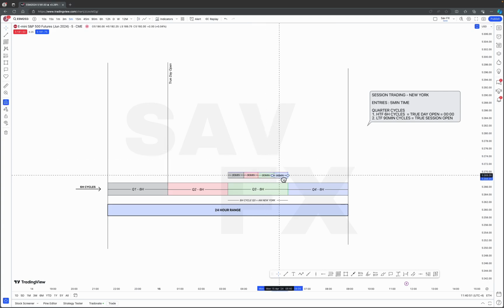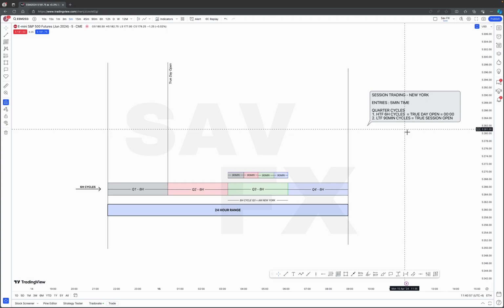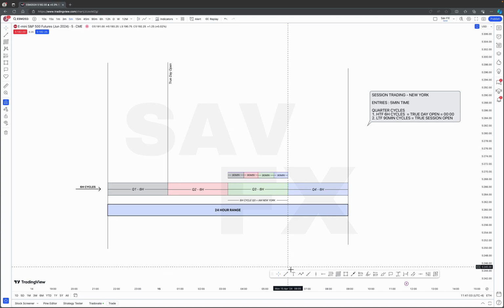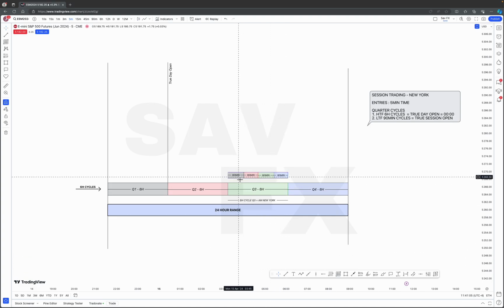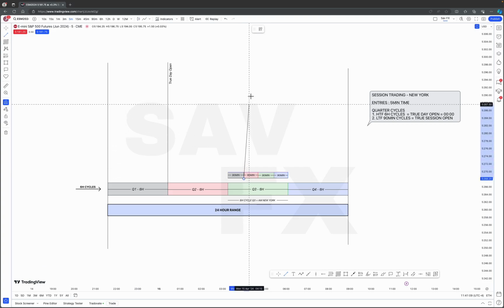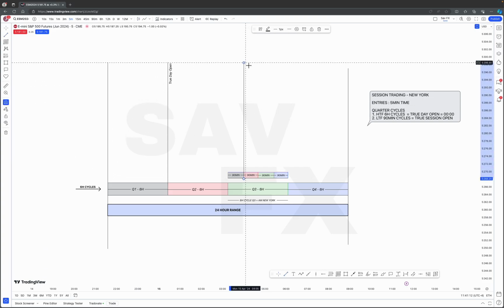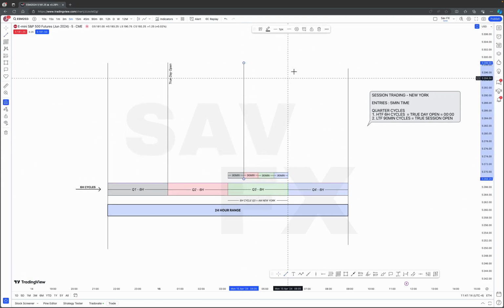Okay. So now, what do you need? You need the true session open, the true larger Q3 open, which is what? The end of Q1 and the beginning of Q2. So it is this midpoint right here, right?